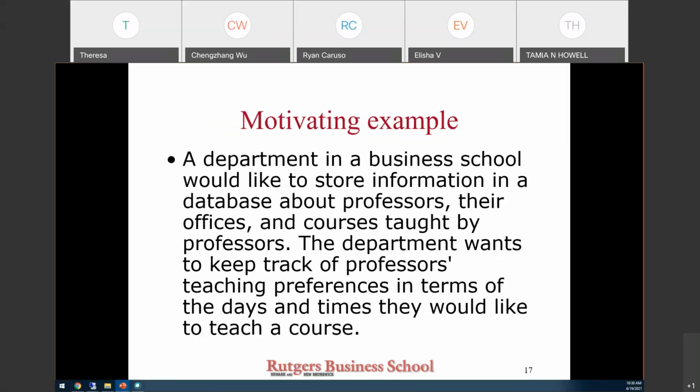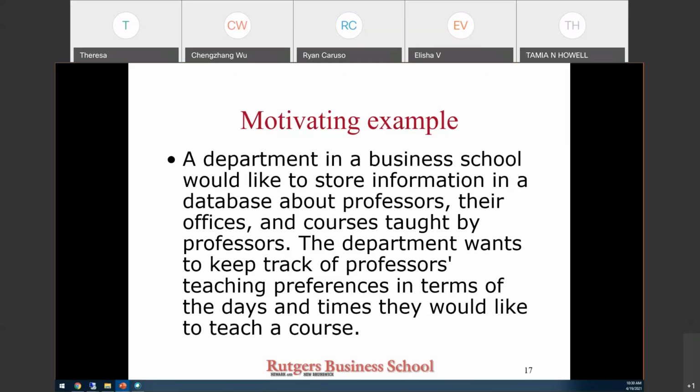Well, now let's turn to an explanation of the three normal forms in the context of this example. A department in a business school would like to store information in a database about professors, their offices, and courses taught by professors.